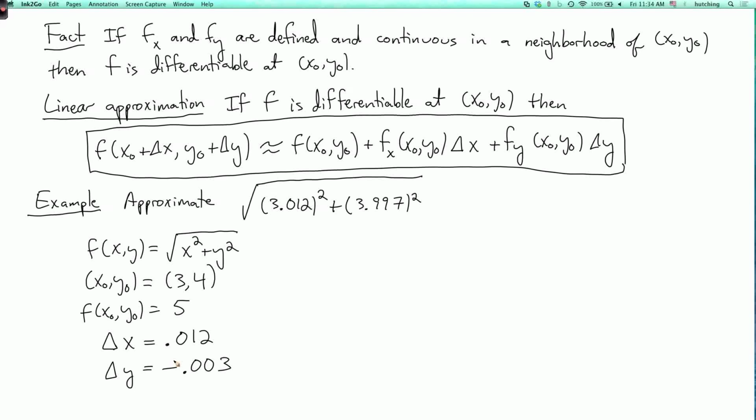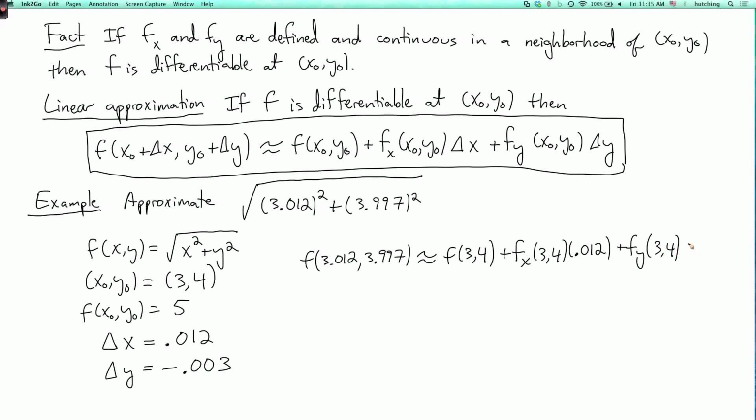Okay, and so then the approximation is that f of 3.012, 3.997 is approximately f of 3, 4 plus fx at 3, 4 times 0.012 plus fy of 3, 4 times minus 0.003.